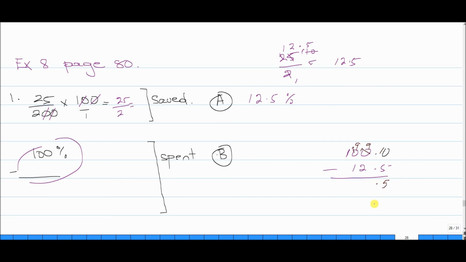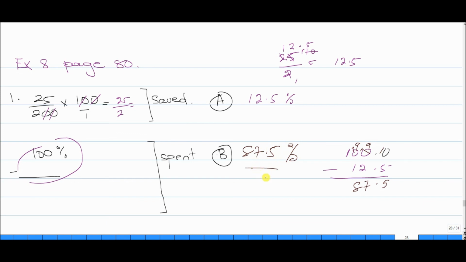We'll put our decimal point under our decimal point. We now go to our ones or units column, and 2 from 9 would leave 7. 1 from 9 would leave 8. Our answer for this section, spent, would be 87.5%.